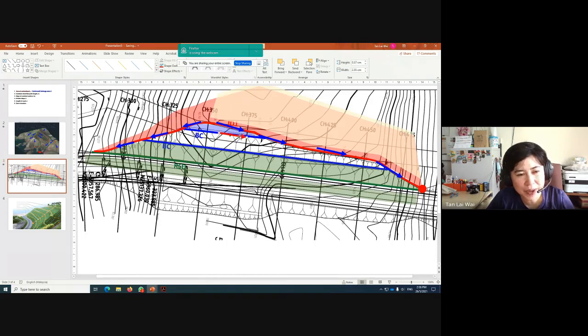Depending on the direction, let's say it flows from left to right, there's a Q here, the Q from the cut slope, that will go into the interceptor drain. So you also need to consider that Q in order to get the peak Q here, because it's flowing into the drain as well. You don't want to design something that only considers the upstream, but cannot cater for the flow coming from this cut slope area.